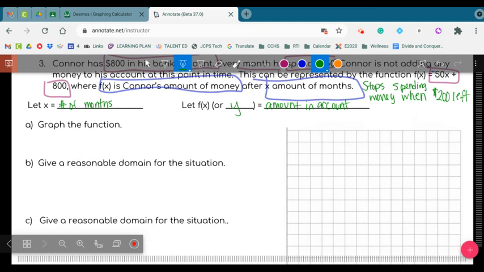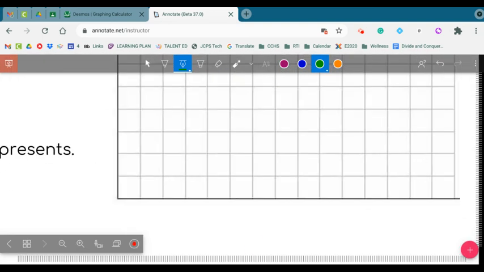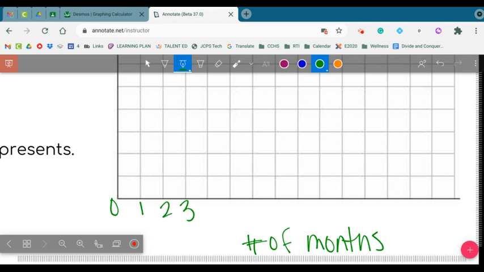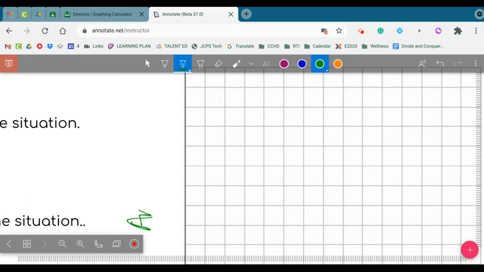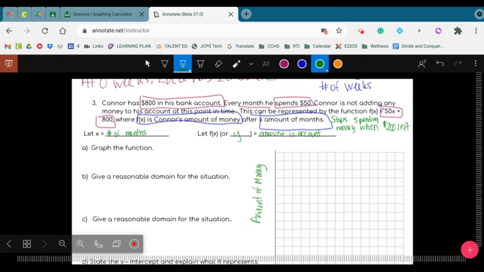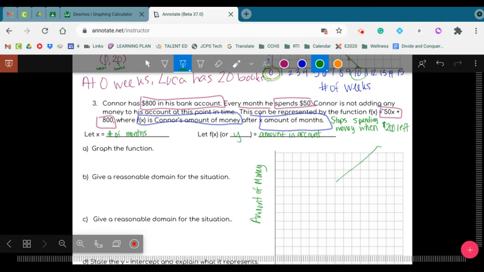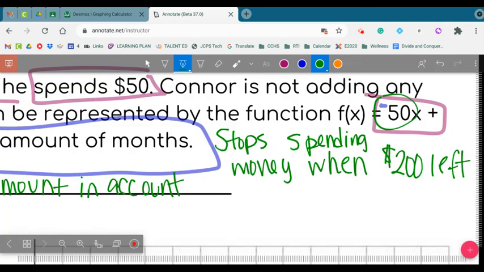Okay, so we're going to graph this. x is our number of months. So we have 0, and we're going to go up by ones on our x-axis. And then our y is the amount of money. We're going to go up by our slope, sorry, which is 50, each time.